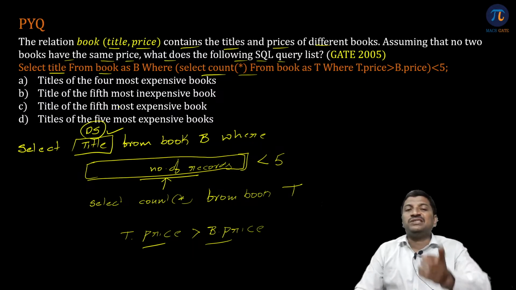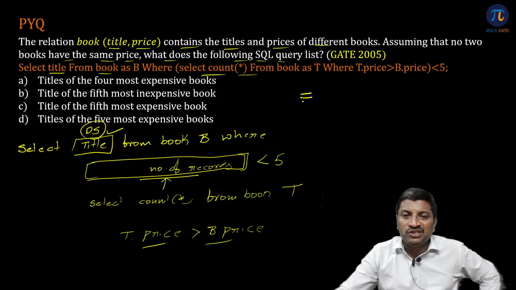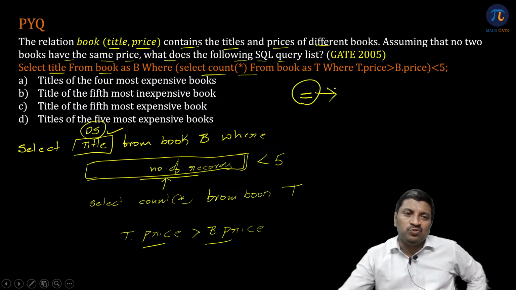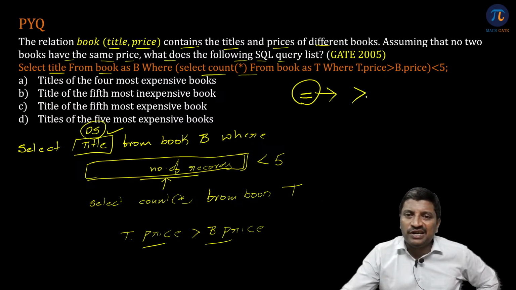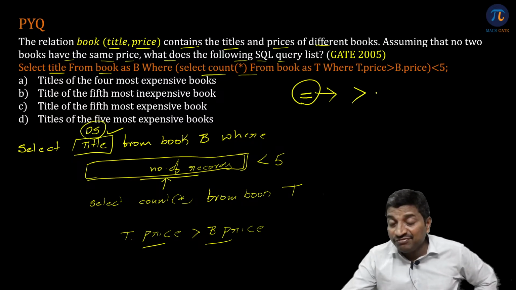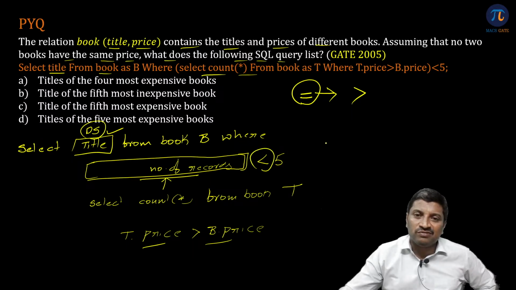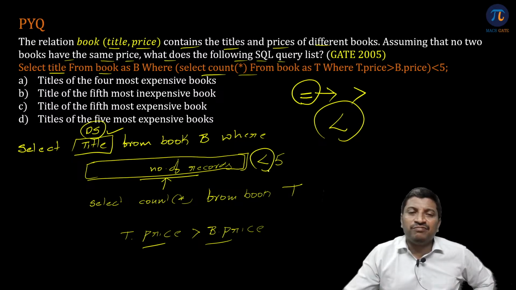If it is equal to or greater than 5, I don't display it. Suppose it is equal, what does it mean? There are 5 more expensive books than DS. If it is greater than, more than 5 books are more expensive than DS, but it is given strictly less than. What does that mean? A maximum of 4 books will be more expensive than DS.